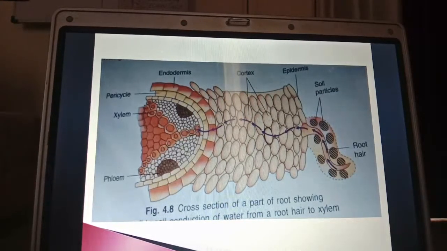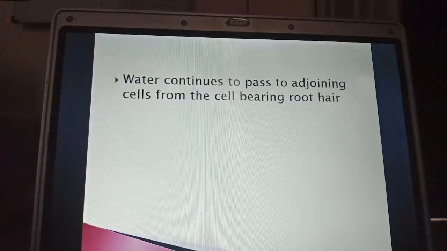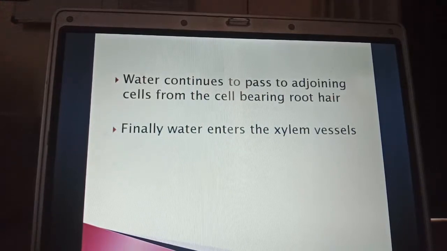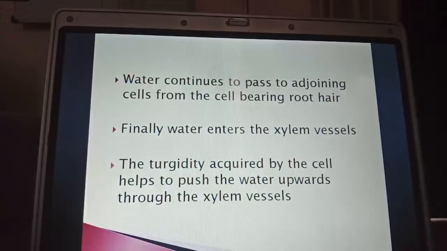This is a cross section of the part of the root showing the passage of water. Water continues to pass to adjoining cells from the cell bearing root hairs. Finally, water enters the xylem vessels. The turgidity acquired by the cell helps to push the water upward through the xylem vessels.